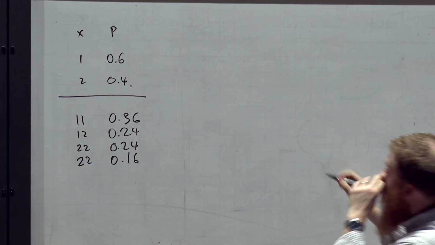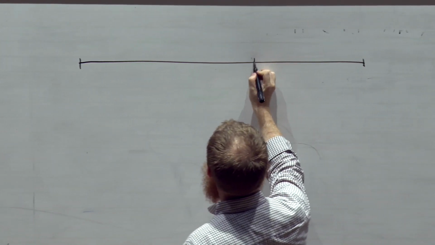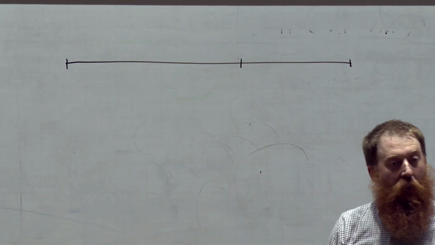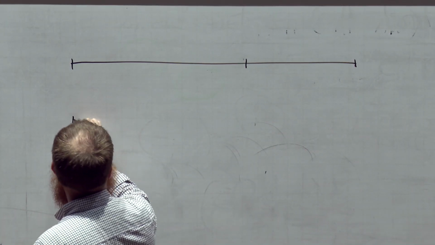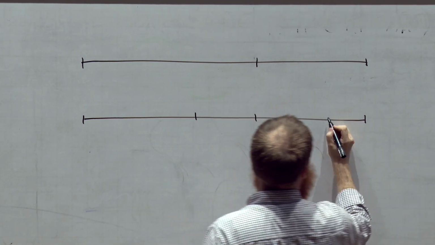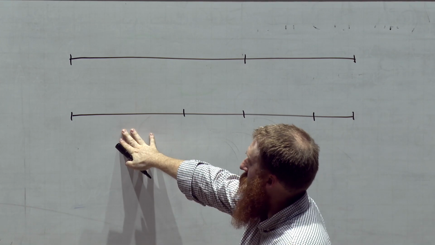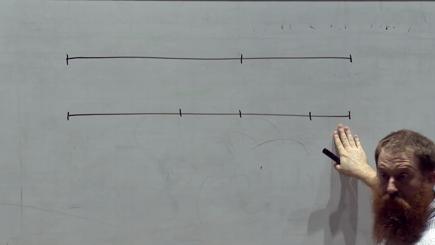Okay, so if I drew this out, what would I get? I would get the rather boring separation of the interval in this way. 0.6, 0.4. Now if I did this, what would I get? I would get 0.36, 0.24, 0.24, 0.16. Okay?